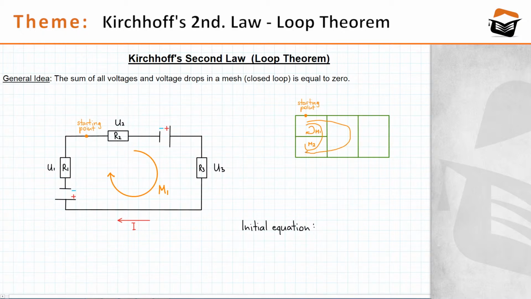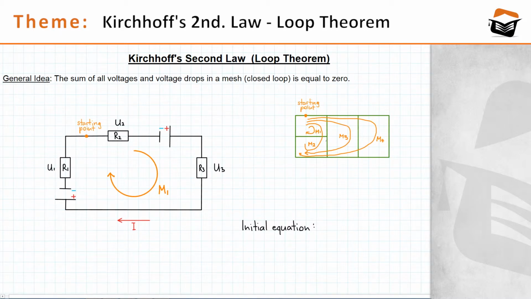It's gonna be M3. And then I can also have the big mesh. It's getting a little messy here. The big mesh will be labeled as M4. So, these are all possible meshes in this circuit.